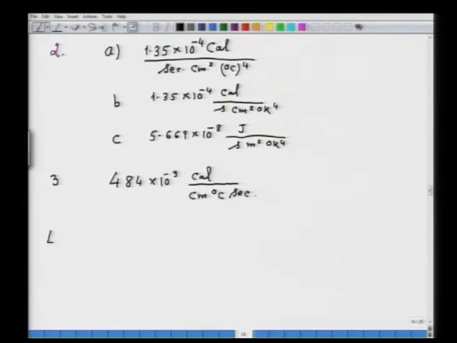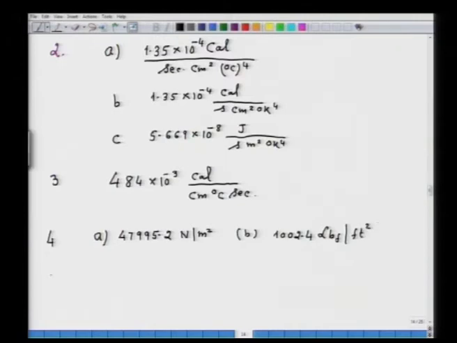Now, answer for question number 4, you have to convert, you can straight away try, I will give you the answer. A part is 47,995.2 Newton per meter square, and B, the answer is 1002.4 pound force per feet square.